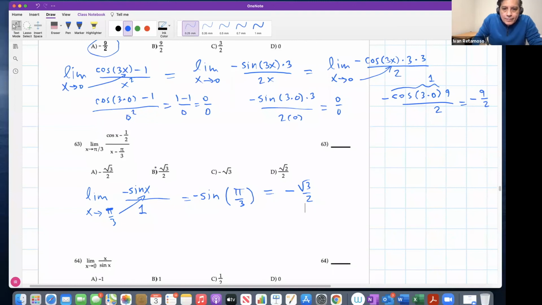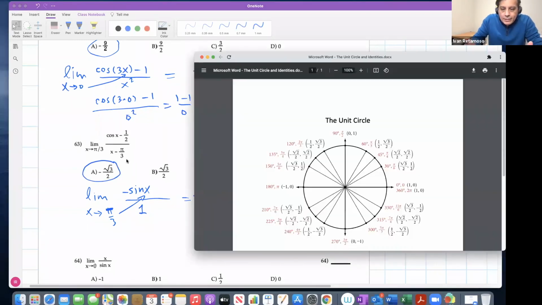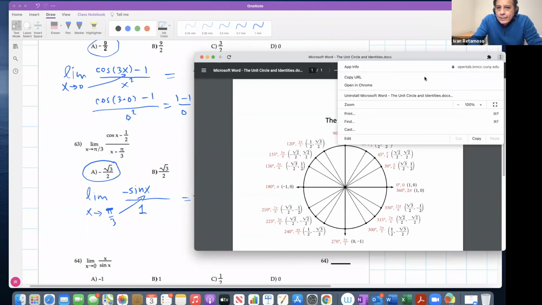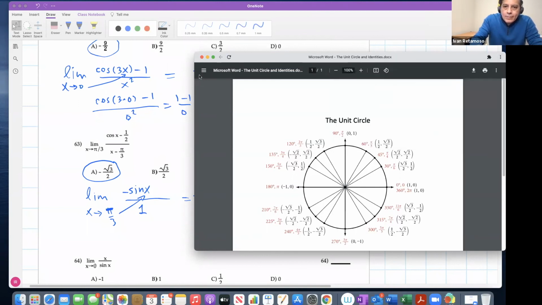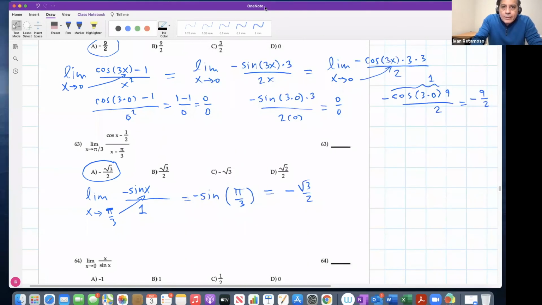Sometimes students ask me, where is that sheet, Professor? When I teach pre-calculus, I include this sheet, but I'm going to send it to the chat right now so you can have it, in case you don't know by heart what sine of pi over 3 is. Let me put it in the chat.